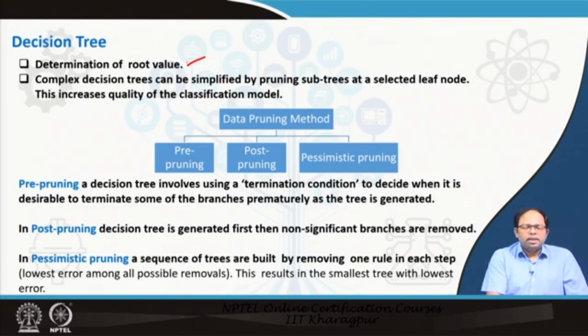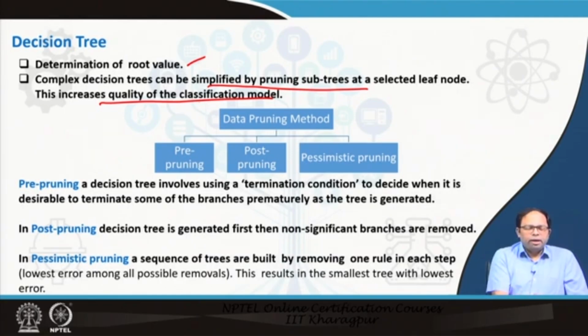So, this is the first thing that needs to be known, and then complex decision trees can be simplified by pruning subtrees at selected leaf nodes, and this increases the quality of the classification model. Too much classification into these branches is also not good, so some amount of pruning techniques are also followed. There are three ways we can prune.